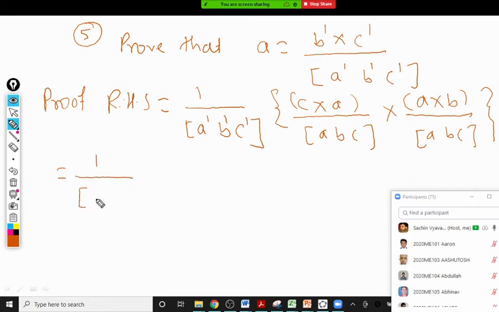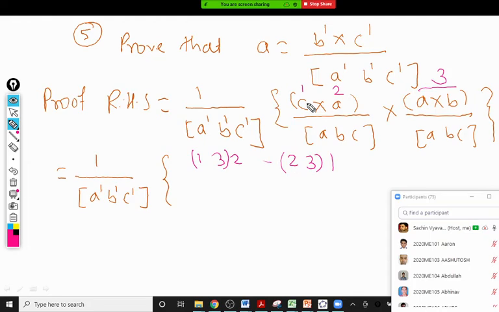In the next step, we get here 1 upon box A dash B dash C dash, and here again we observe there is a cross product of 4 vectors. So we can go with the same thing. Let us say this is 1, this is 2, and this entire part as 3, and we get the formula as 1 3 2 minus 2 3 1. Obviously the bracket is for the first two there.